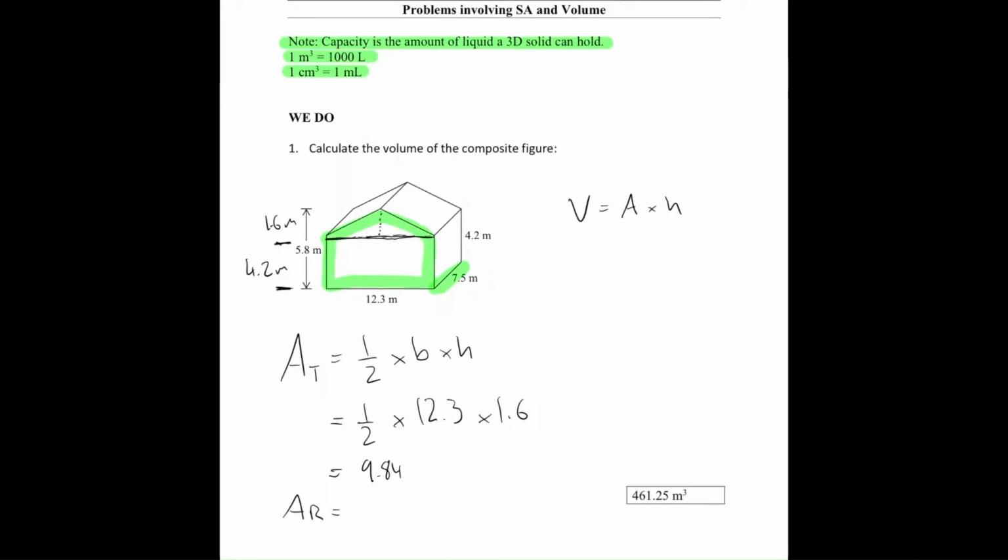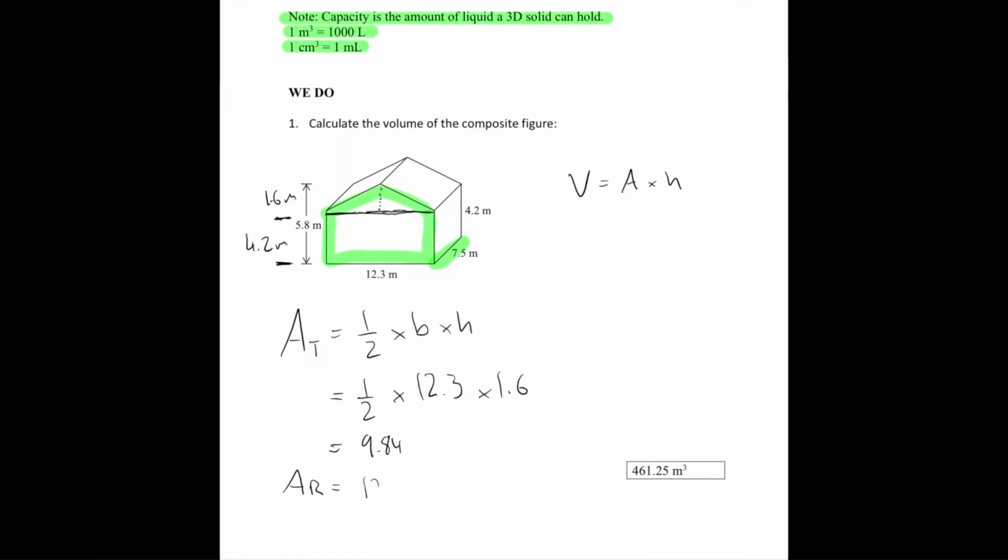And then you've got the area of the rectangle, which is just base times height. We're just going to go straight to the numbers because we're all experts at calculating the area of rectangles by now. Into the calculator, 12.3 times 4.2 is 51.66.